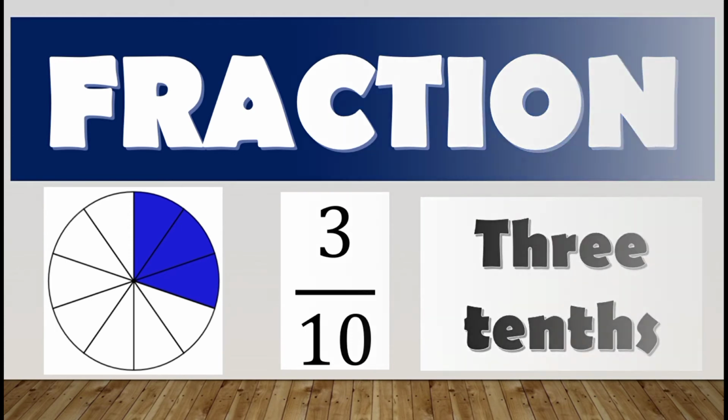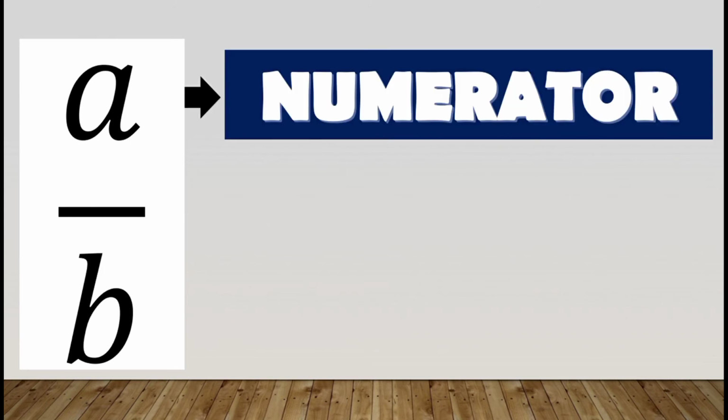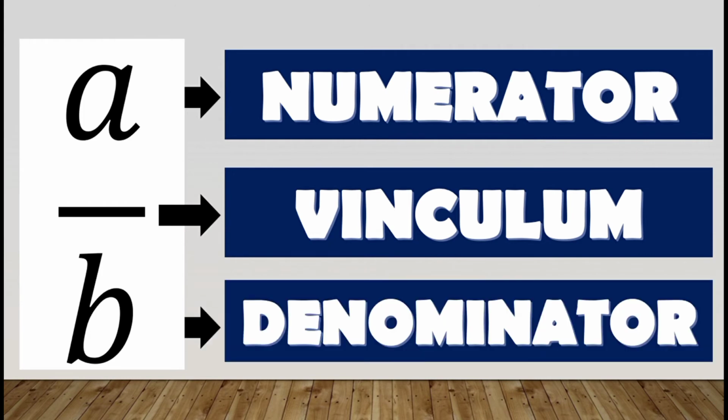Let us also determine the parts of a fraction. Here, a over b. A is known as the numerator, an expression above our fraction bar. The fraction bar is named as vinculum, while b is an example of a denominator, wherein this expression is present under our fraction bar.